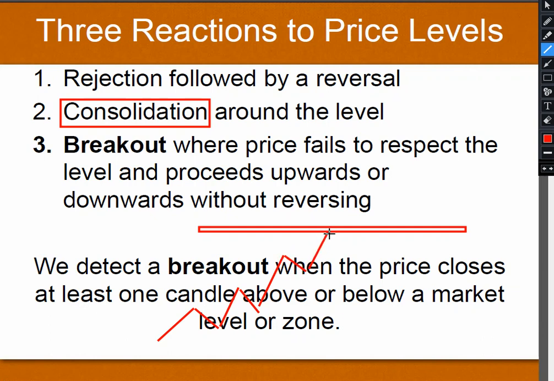Now it reaches resistance, does not go above, does not move below. What you see is price chooses to trade around this area. Candles move just around, almost all candles touching that same level for quite some time. So price is consolidating at that level.